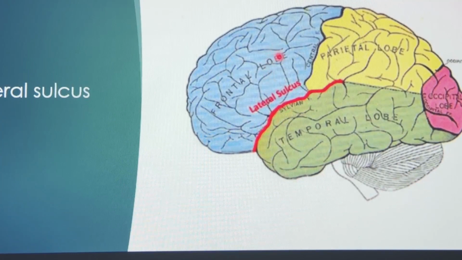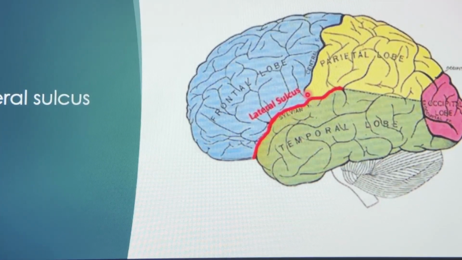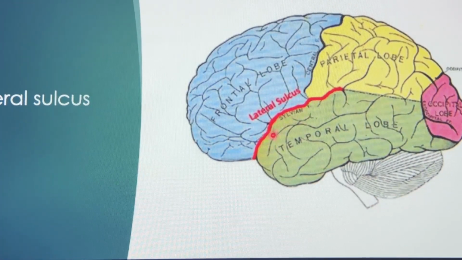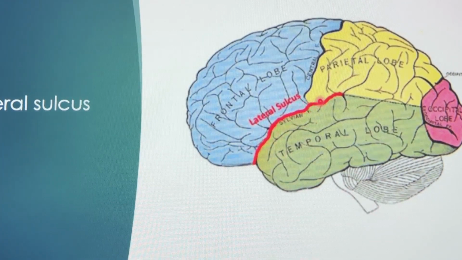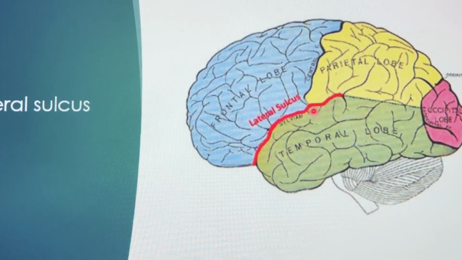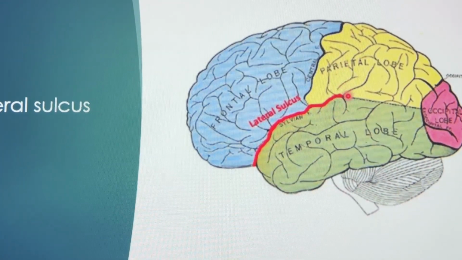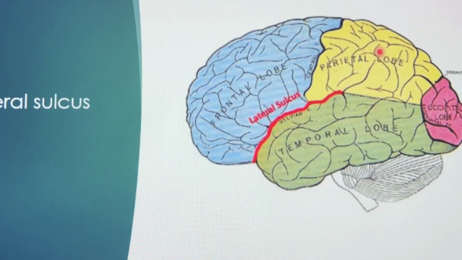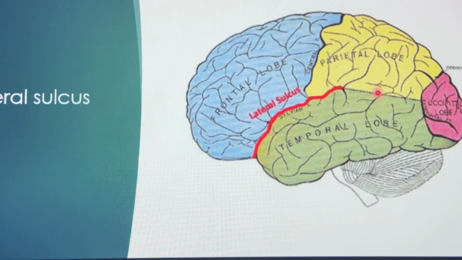The frontal lobe, if you all notice with me, is totally separated from the temporal lobe by the lateral or Sylvian fissure. Posteriorly, part of the fissure extends to separate the parietal lobe from the temporal lobe, but in the more posterior aspect, the temporal lobe and parietal lobe are attached to each other with no clear separation.